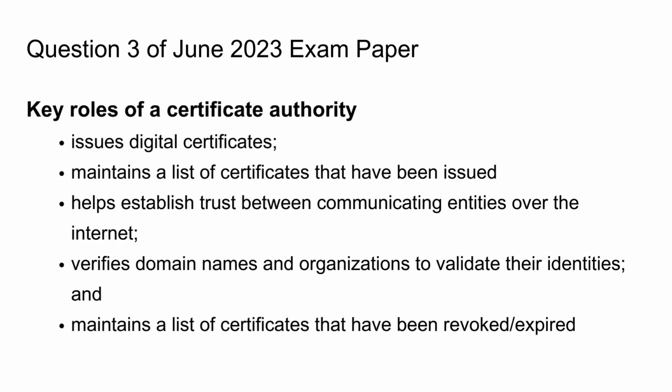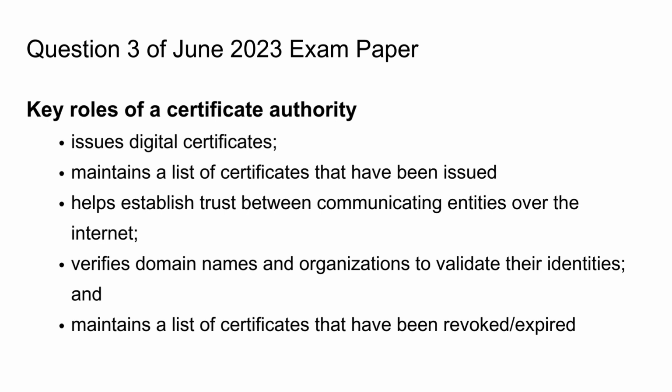Okay, so there are a few key roles certificate authorities play. Number one, a certificate authority is an organization that issues the certificate. Number two, a certificate authority maintains a list of certificates that have been issued. Number three is to help establish trust between communicating entities over the internet.